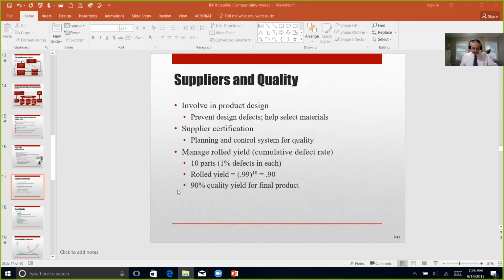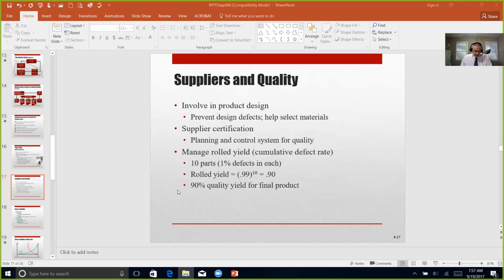What we want to do here is measure the overall yield of the final product, which means that we're multiplying the yields of all the individual producers. Since there were 100 producers with the same yield at 99%, in this case it's just 99% raised to the power of 100, which gives us the cumulative rolled yield of 0.366.